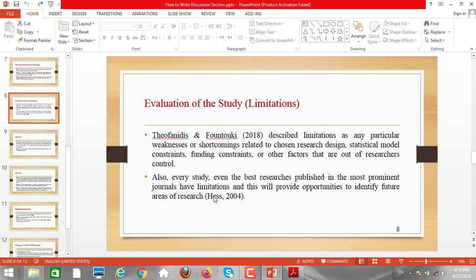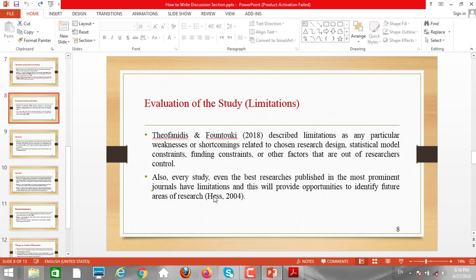Basically, these shortcomings refer to the research design, statistical model constraints, or funding constraints, or there might be other factors which are out of researchers' control.